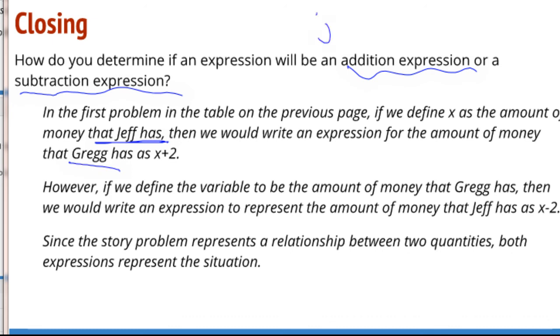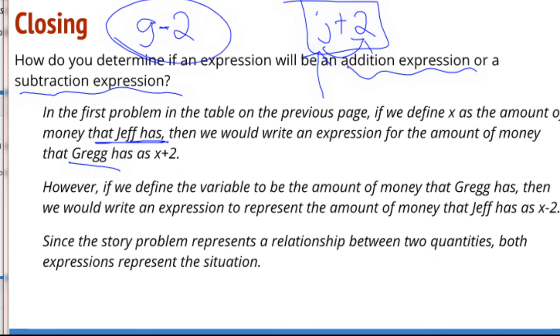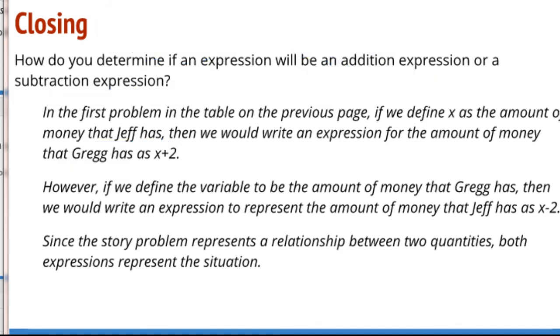So we started with Jeff, and we knew that Greg had 2 more. So it is defined as an addition expression because we are starting here at Jeff, and we are building up to get to Greg. Going the other direction, well, we were starting with Greg, who we know has more, and we were working to Jeff, so we were working down. So it is a subtraction expression. So the actual real-life situations will provide information for us to decide if we are adding or subtracting.